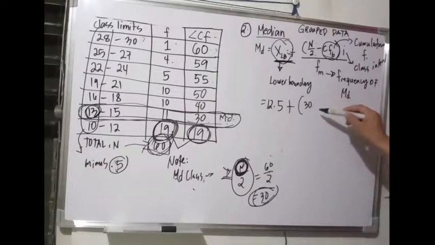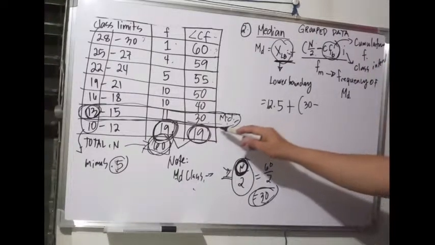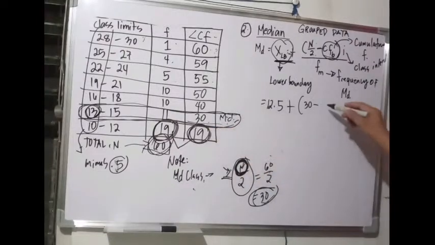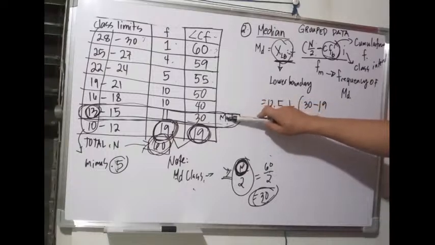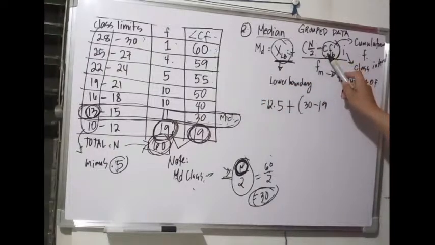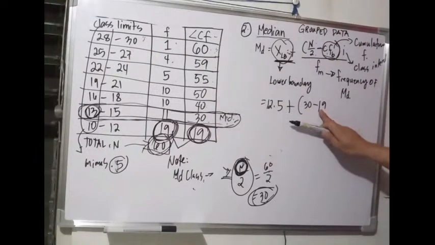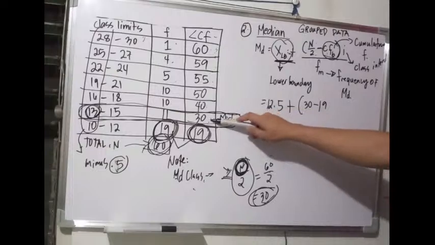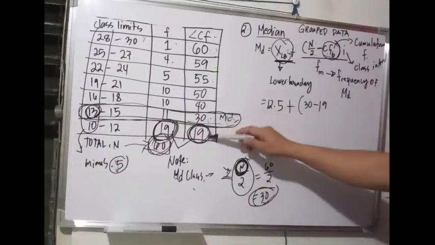So 30 subtract cumulative frequency below or before ang median class, so that is 19. Tandaan, before ang median class ang value ng cumulative frequency. How about sa taas? Kung sa taas ang ating gamitin, magiging negative ito. Okay, so before the median class or below the median class.